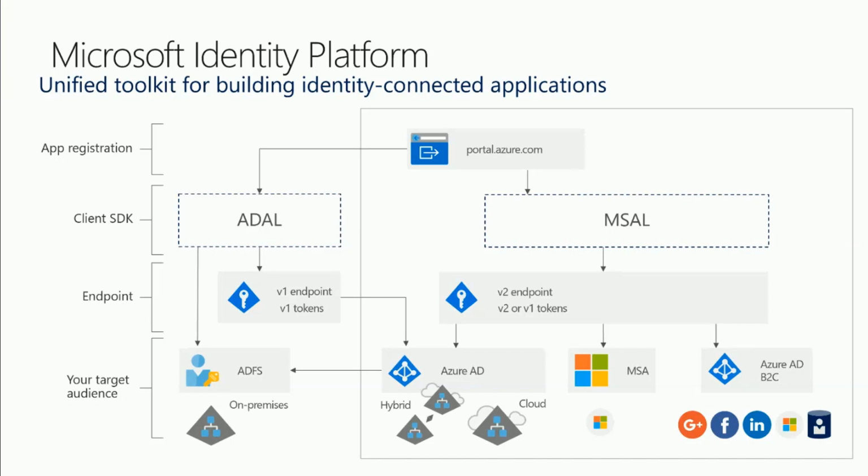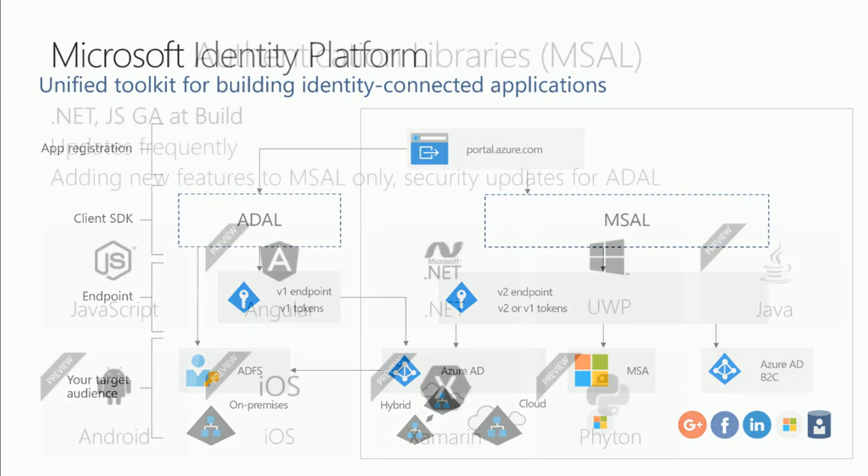But they talk to one of our endpoints. In the V1 timeframe, which didn't have the name V1, it was just our endpoint, we implemented a few things that the standards weren't ready for yet, concepts that had not yet been standardized. And in the V2 world, we have created a very standards-compliant, in fact certified standards-compliant, endpoint for your applications to talk to through MSAL.